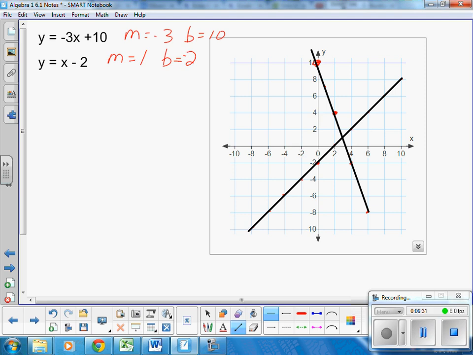But as you look at the problem, that intersection, it appears to be 3 for the x and 1 for the y. So our solution is 3, 1.